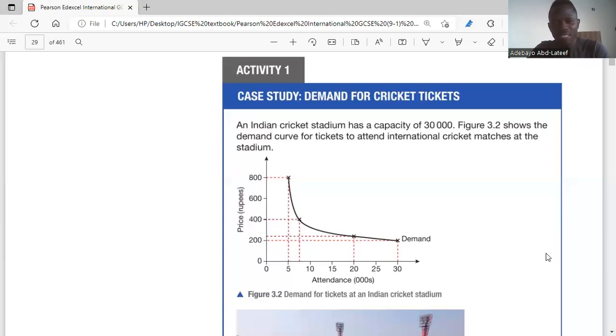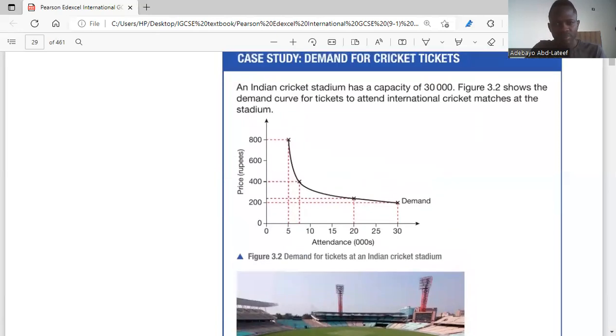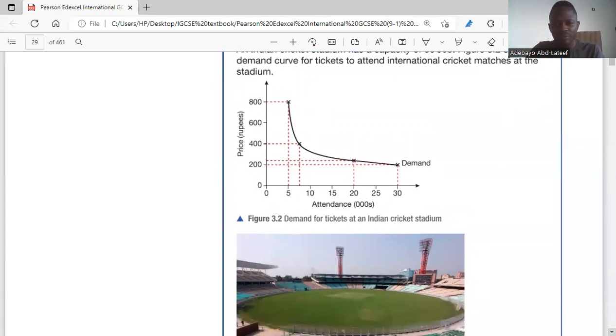So we have here the case study: demand for cricket tickets. An Indian cricket stadium has a capacity of 30,000. On the demand curve, we have tickets to attend international cricket matches in the stadium. So we have 200, 400, 600, 800. The attendance ranges from 7.5 until 30. Are you there?